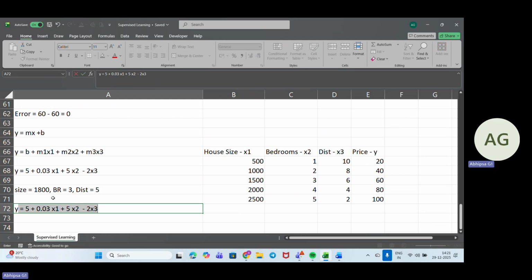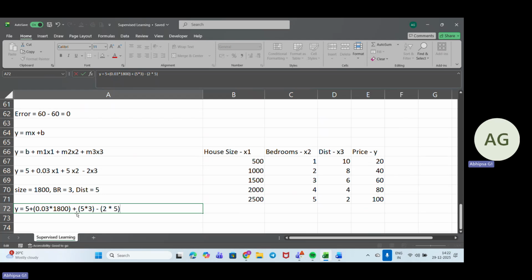So y would be equal to 5, that is the value of b, plus 0.03 into 1800, so there would be a bracket, plus we need to do 5 into 3, plus we need to basically minus, because the result here we have taken as minus, so minus 2 into 5.